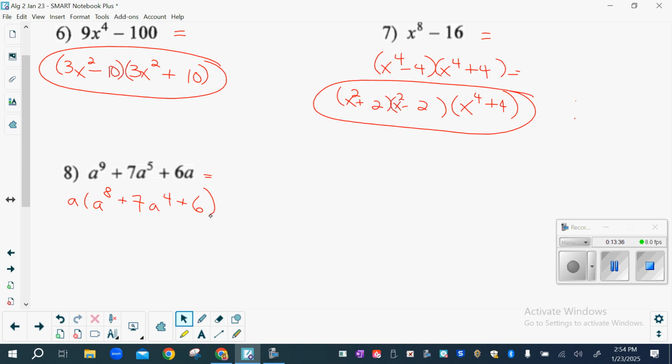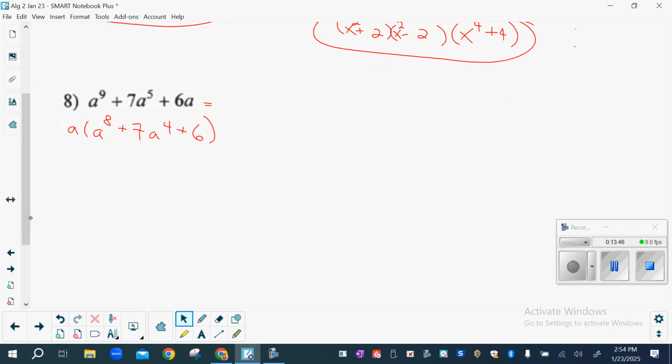And now it's in that trinomial, the quadratic form. We've got our 4 is half of 8, right? Before it wasn't half. So when we go to factor, we look at what multiplies to 6 that adds to 7. 6 and 1.